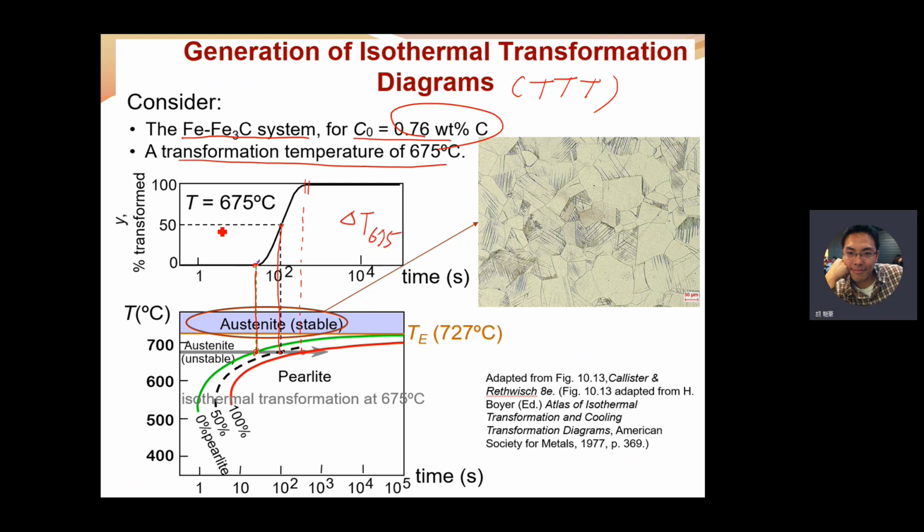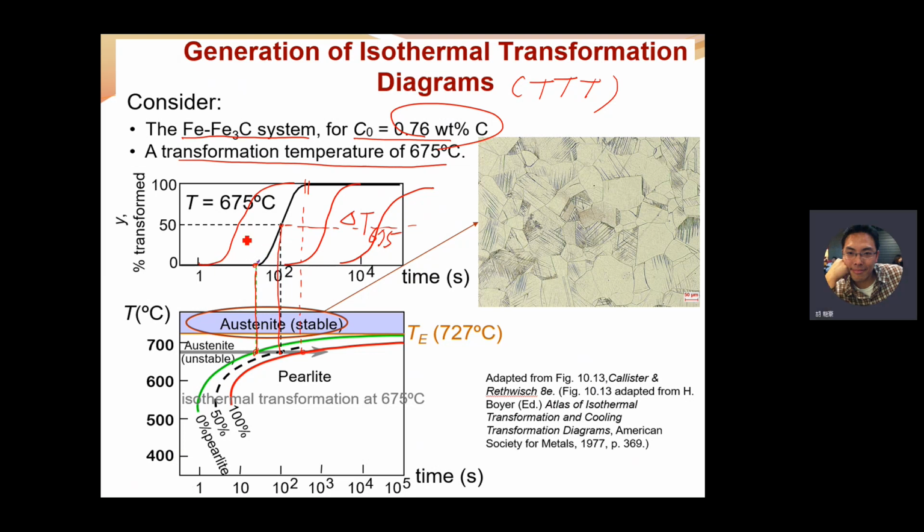And we can plot different delta T, different curves for different delta T. For example, I can plot this one, and this one, and this one, and this one, and I can find out its transformation rate.